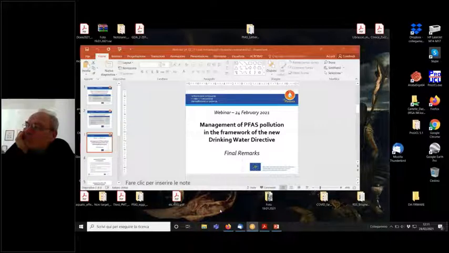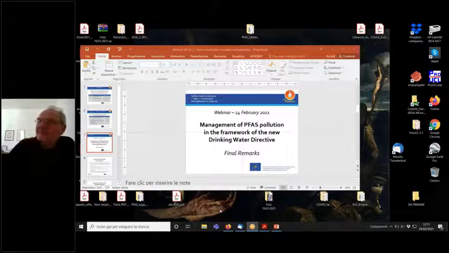And the EFSA opinion looked especially at food, while with drinking water you are maybe more exposed to the short chain PFAS. But it would be nice to have them all in one kind of assessment scheme framework, so to say.